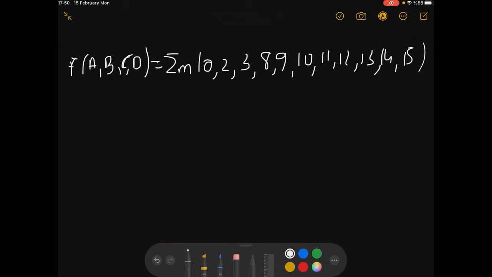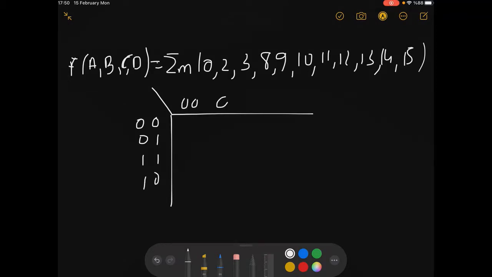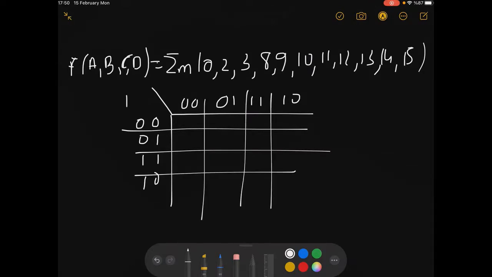Okay, so I put them in my map: 0, 1, 2, 3, 4, 5, 6, 7, 8, I'm sorry, 9, 10, 11, 12, 13, 14, and 15. Okay, it looks like this.